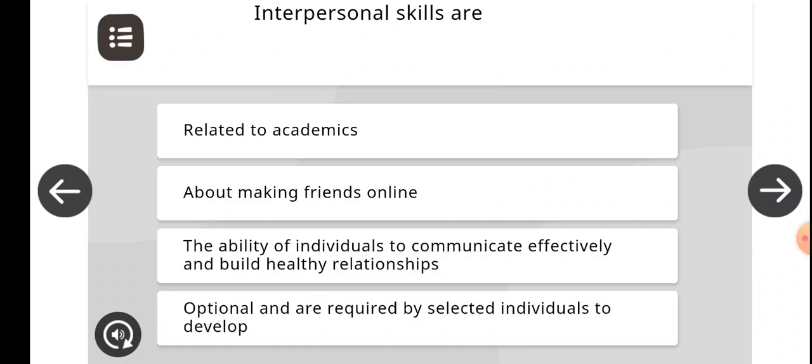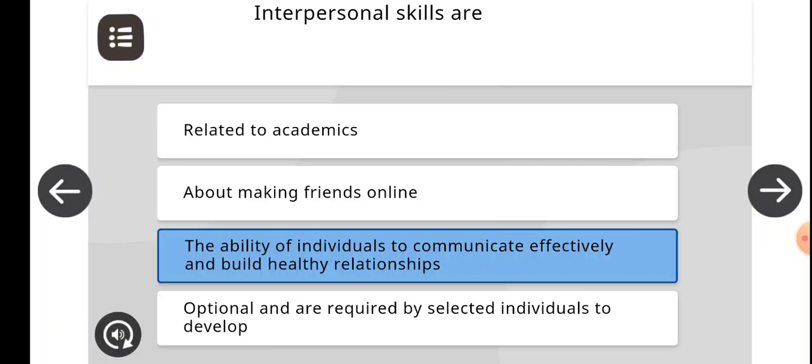What are interpersonal skills? Are they related to academics? Are they related to studies only? Are they about making friends online? No. Is it only confined to making online friends? Interpersonal skills mean the ability of individuals to communicate effectively and build healthy relationships.